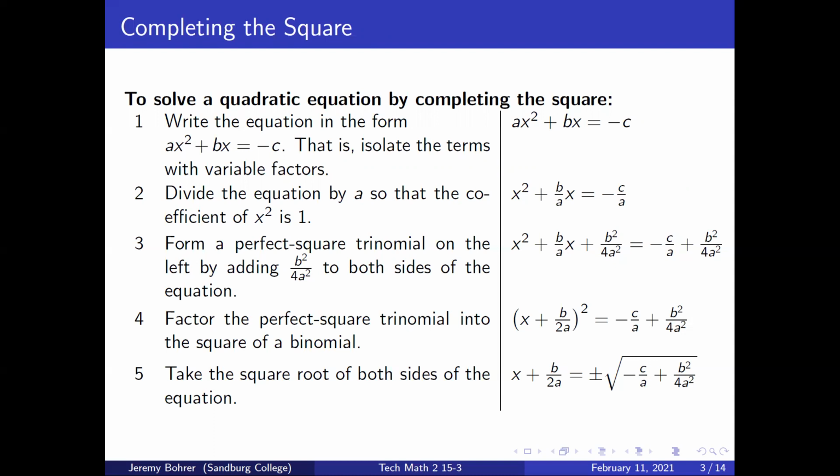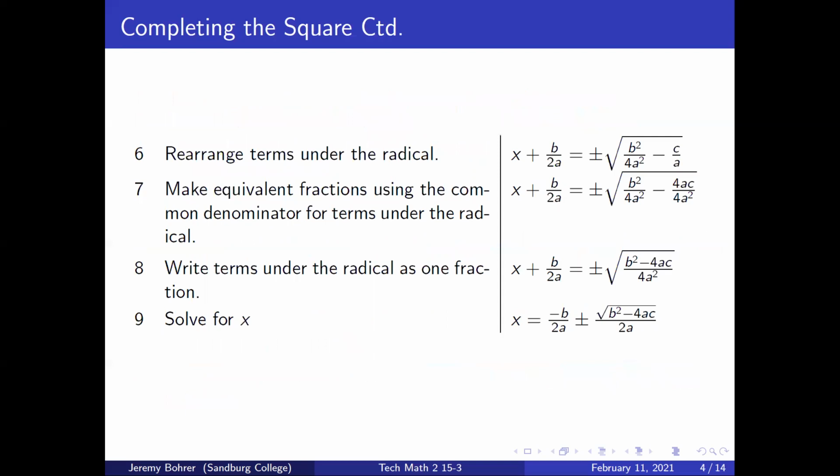Now we take the square root of both sides of the equation. x plus b over 2a equals plus or minus the square root of negative c divided by a plus b squared over 4a squared. Now we rearrange the terms under the radical. x plus b divided by 2a equals plus or minus the square root of b squared over 4a squared minus c over a.